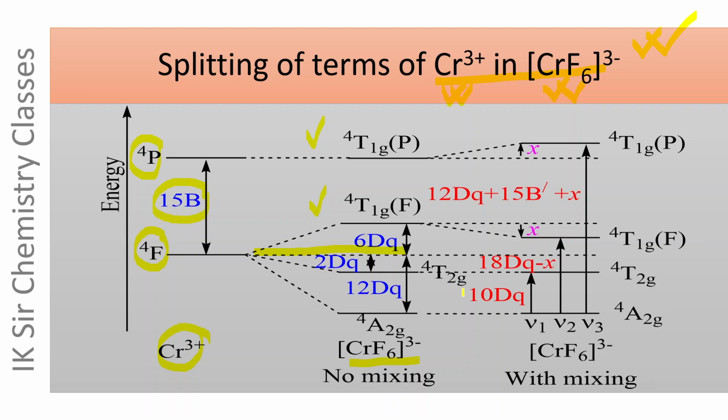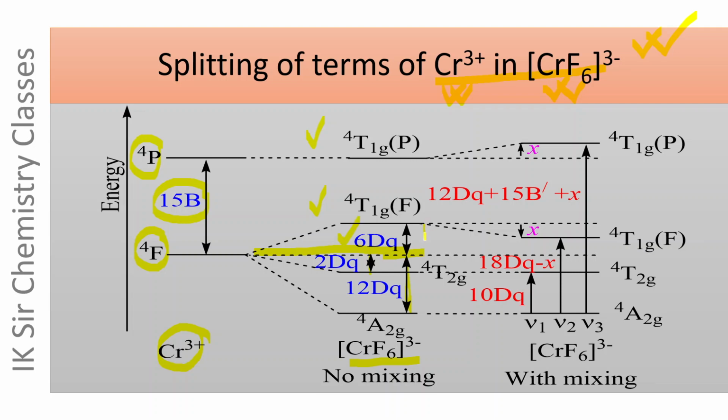The 4T2g is below this line by 2 Dq, and 4A2g is below this line by 12 Dq. This energy difference is equal to 12 Dq, while this energy difference is equal to 2 Dq. And the 4T1g(F) state is above this line by 6 Dq.